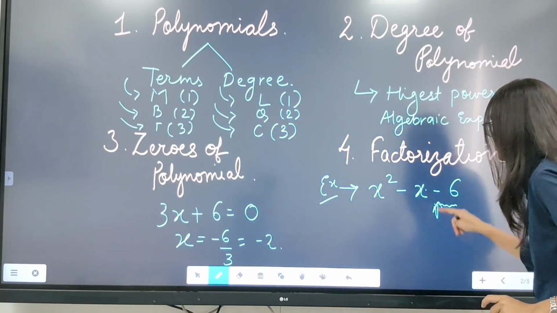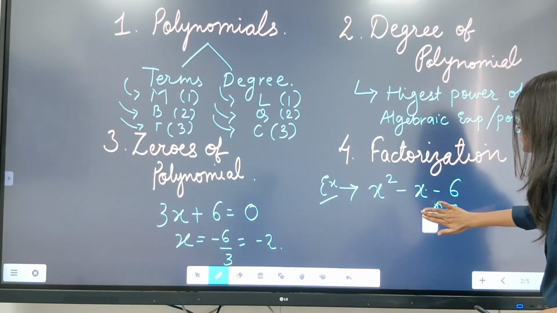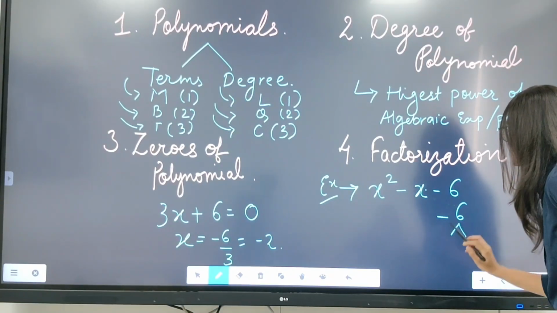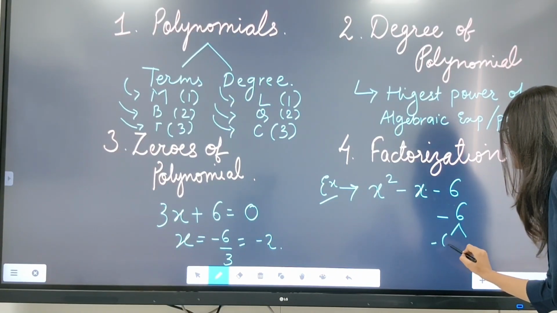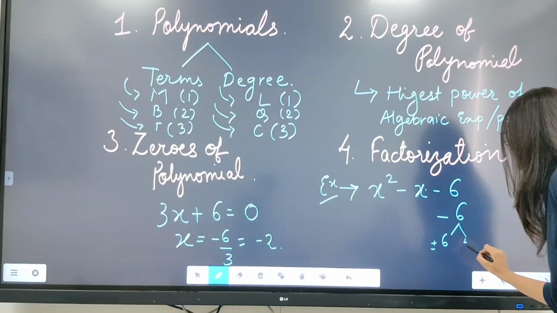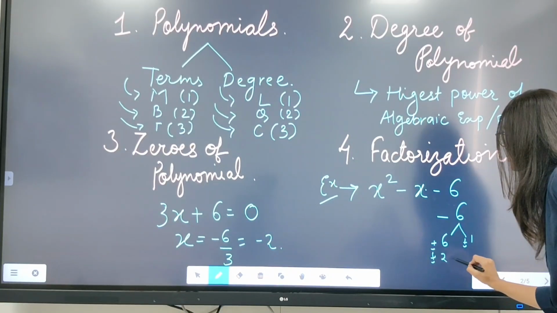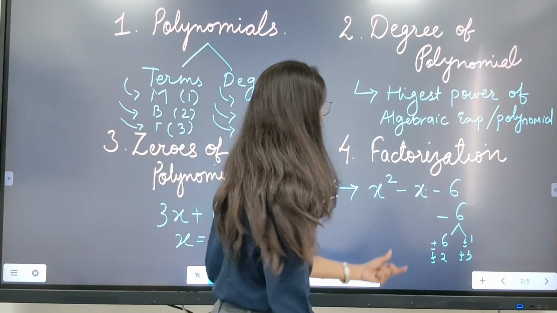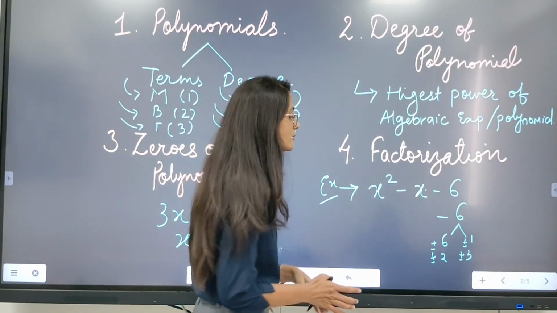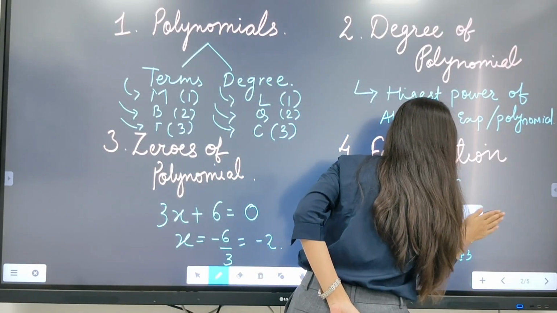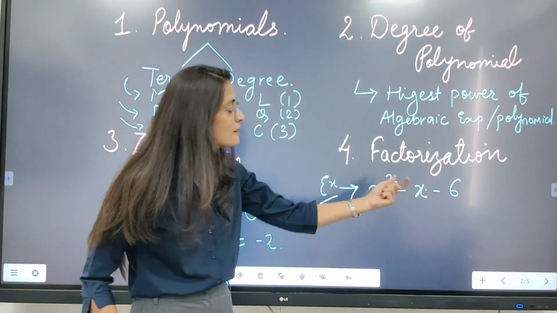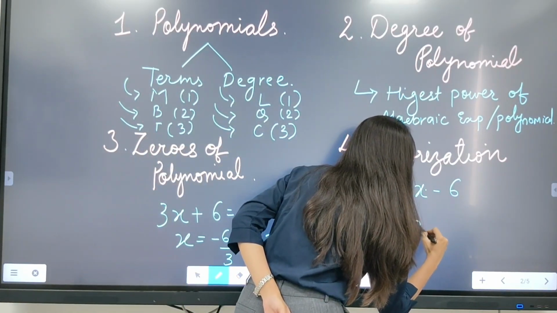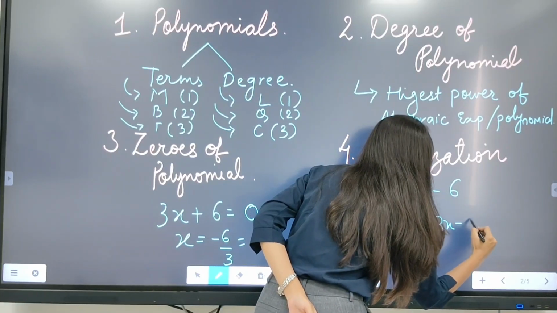Now considering the subtraction sign over here, I just find out the factors of 6 or negative 6 I might say. The factors of negative 6 are plus or minus 6, plus or minus 1, plus or minus 2, plus or minus 3. Now you need to pair these factors in such a way so that you obtain the middle term. What could it be? Can we take minus 3 plus 2? Right. So we'll be taking x square minus 3x plus 2x minus 6.